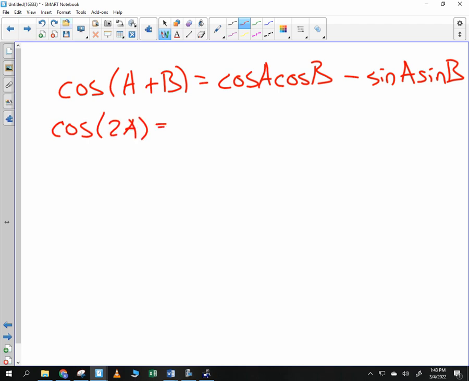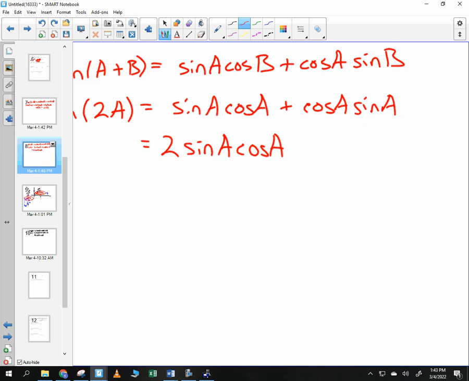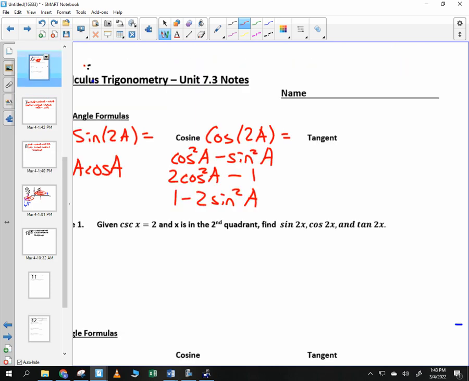And then if you plugged in an a there, we have cosine of a times cosine of a minus sine of a times the sine of a. Well, what's cosine of a times cosine of a? Cosine squared of a minus sine squared of a. So that's how I came up with that. I could show you all of them, but for the sake of time, let's just write these ones down.